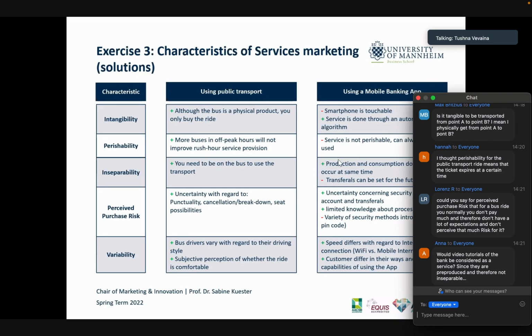We say we want to reach, say from Mannheim to Frankfurt, in 1 hour, but there's always a risk that they get delayed. And with respect to the mobile banking app as well, there are always security concerns that customers would have. They have limited knowledge about the processes. But now there are new methods being introduced to improve the level of security and checks to make your app more secure.